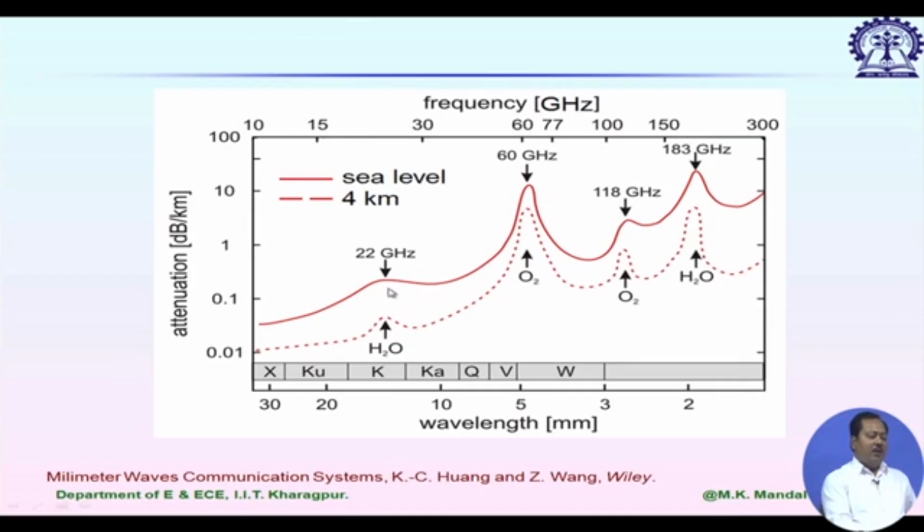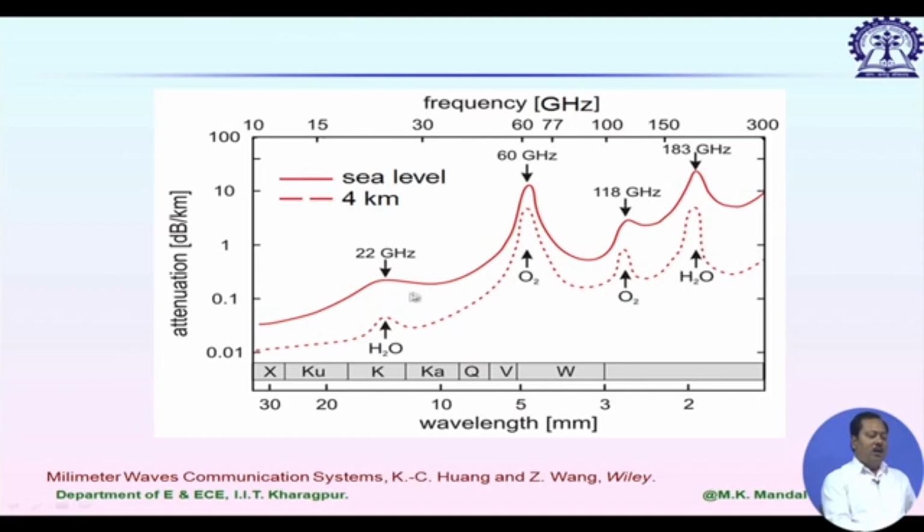For example, at 22 gigahertz we have a small increment. It is due to the resonance of the water molecule, water vapor, and at 60 gigahertz we have a peak. It is due to the resonance of the oxygen molecule. Similarly, we have another small one at 118 gigahertz and another high peak at 183 gigahertz. Again, this is due to the water molecule, water vapor.